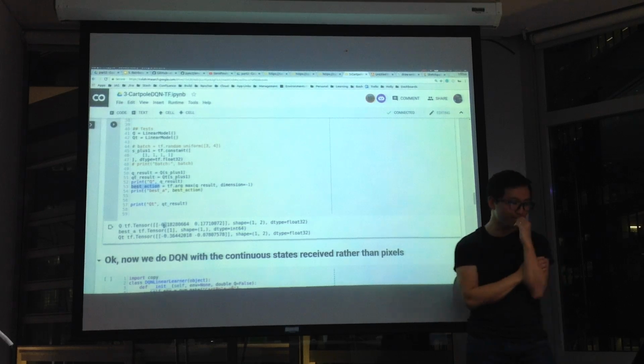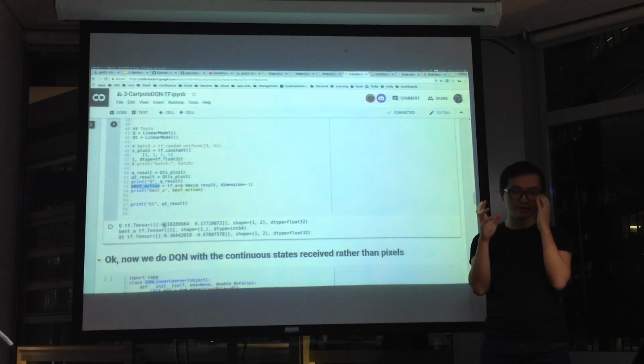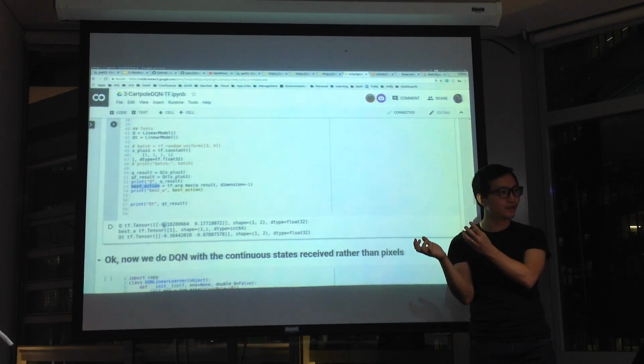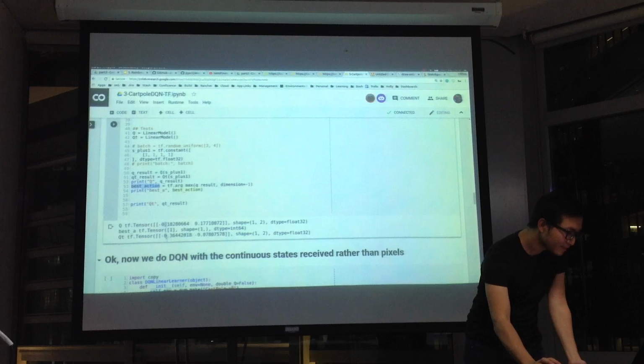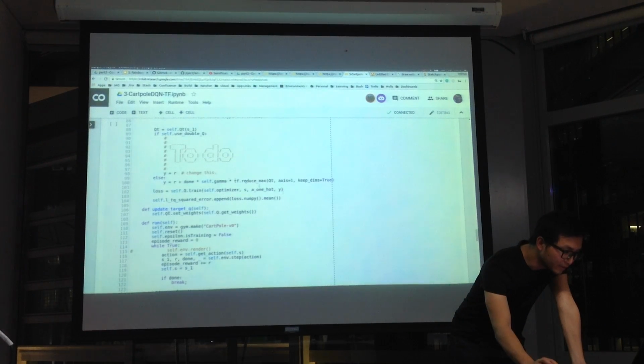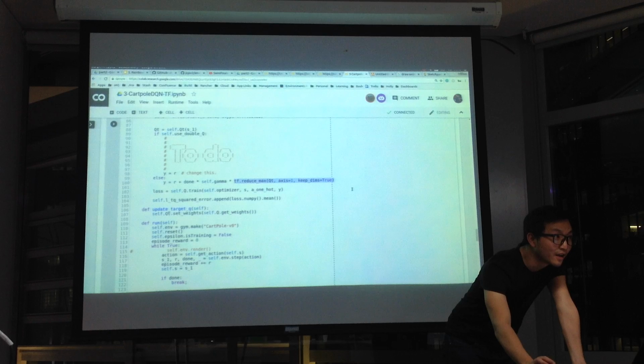No. Normal DQN is you actually just use the maximum value that comes out of your target network. So it just uses the max out of your target network.